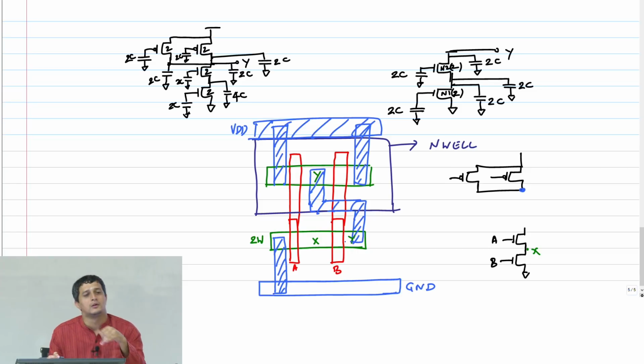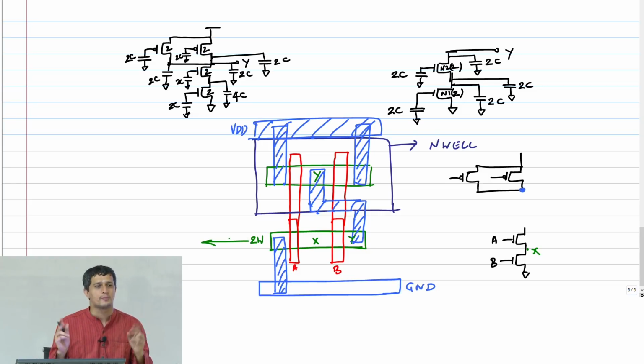Okay, this is how you have to do the layout for your assignment also on similar lines. Clear? So now we will look at the capacitance terms that are coming, right? If I had this as two separate transistors, what would I have done?